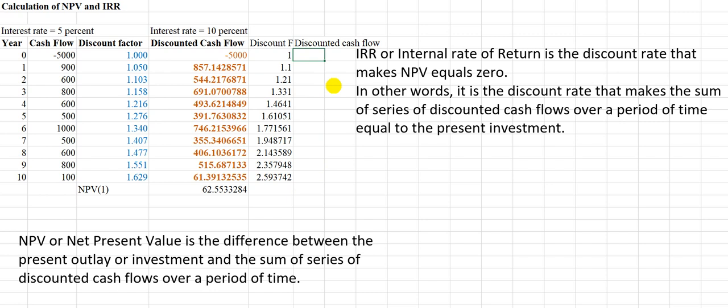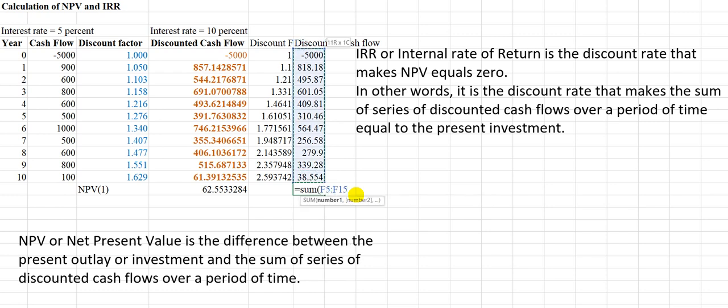And now discounted cash flow is simply cash flow divided by the discount factor, and I will drag it down and make a sum. It's negative 885.8. It means that the IRR lies between 5% and 10%, since at 5% it is positive, and at 10% it is negative.